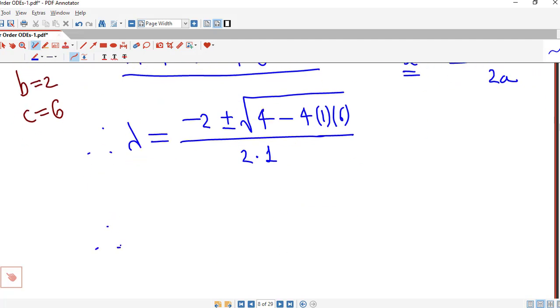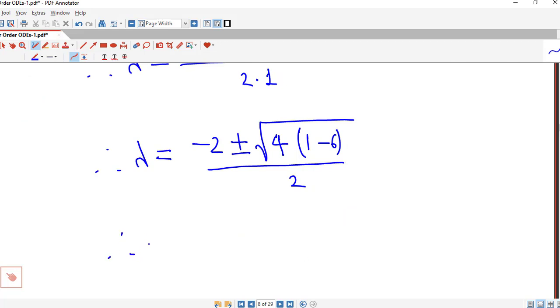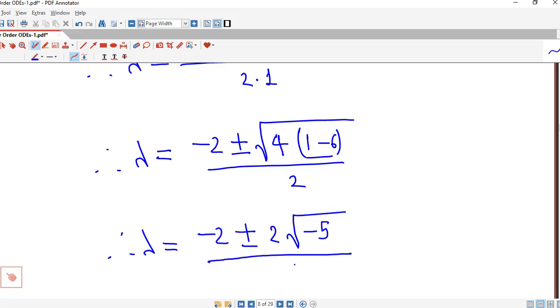So lambda equals minus 2 plus or minus, we can take 4 common and we will have 1 minus 6, divided by 2. Now the square root of 4 is 2, so we have minus 2 plus or minus 2 times the square root of minus 5, since 1 minus 6 is minus 5, divided by 2.